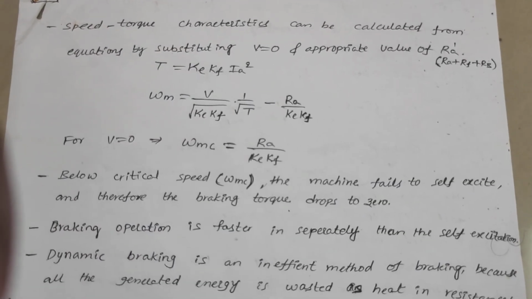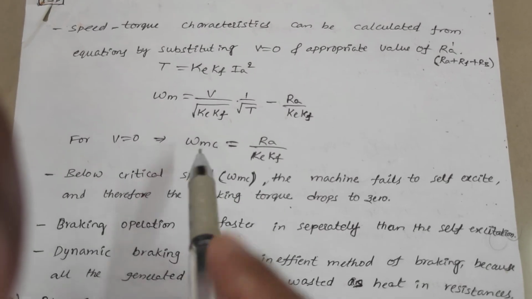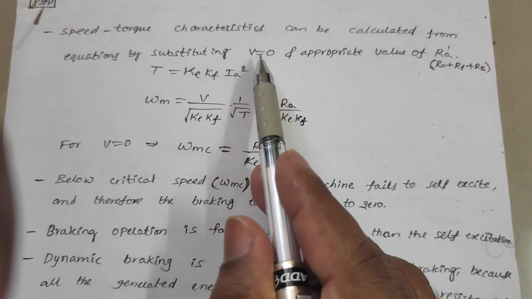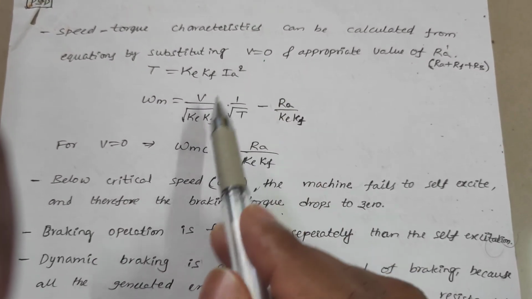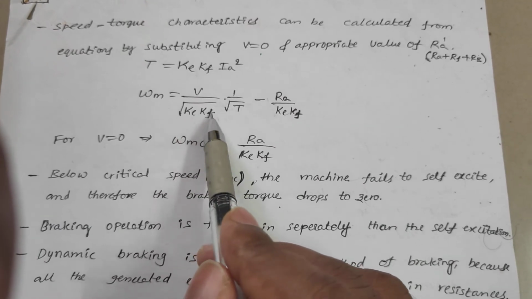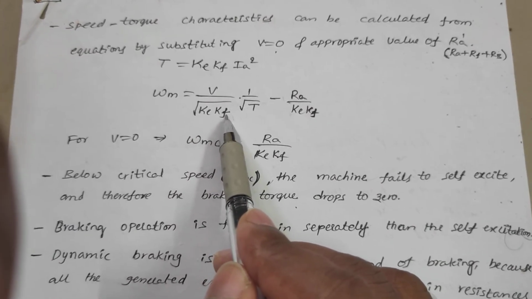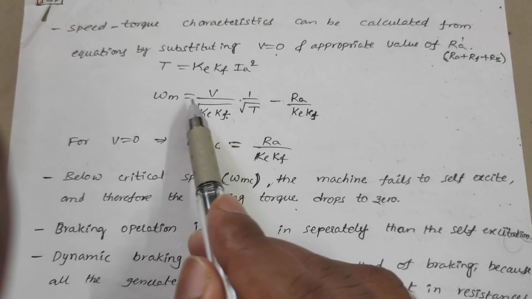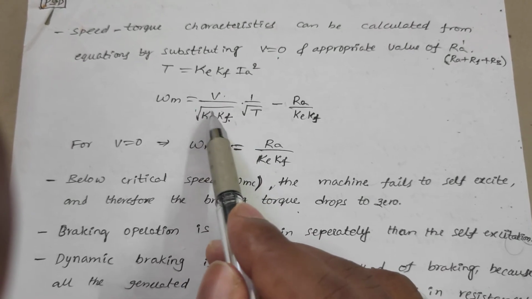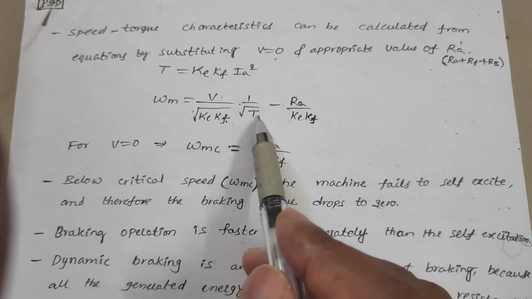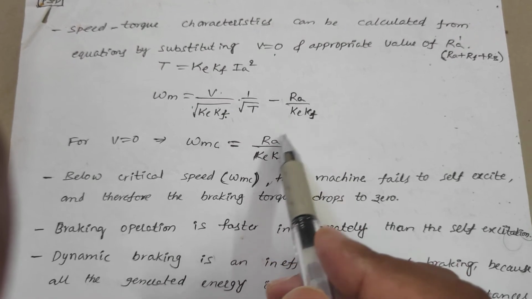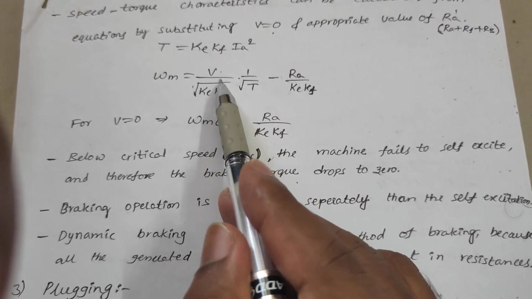And the speed torque characteristics can be calculated again by replacing the supply voltage equal to 0 in the speed equation for the series motor. This is what we have seen in the previous classes. Omega m is equal to V by square root of Ke Kf into 1 by root T minus Ra by Ke Kf. In this we can replace supply voltage equal to 0.